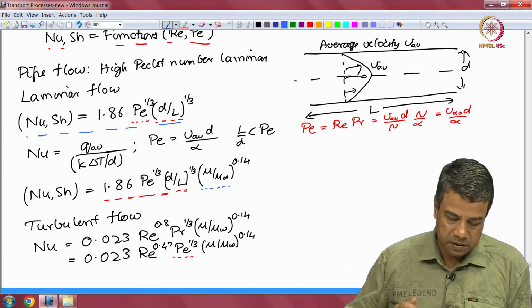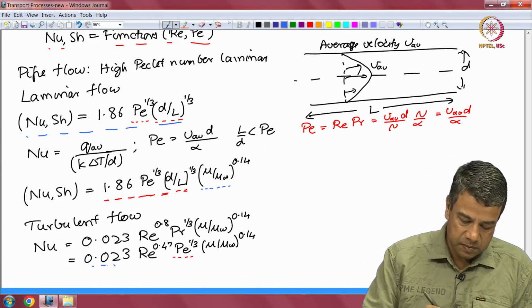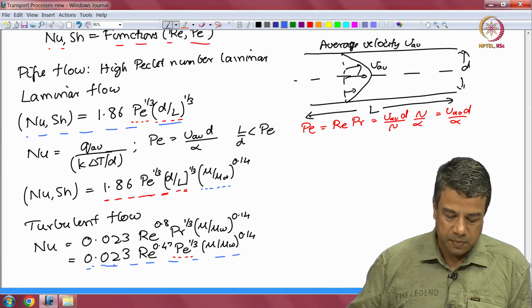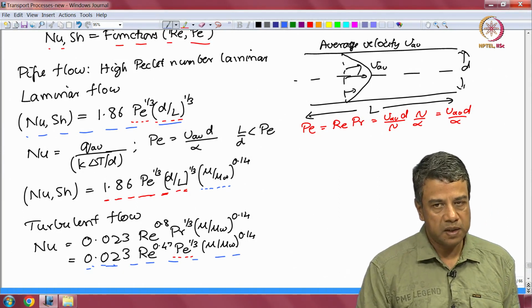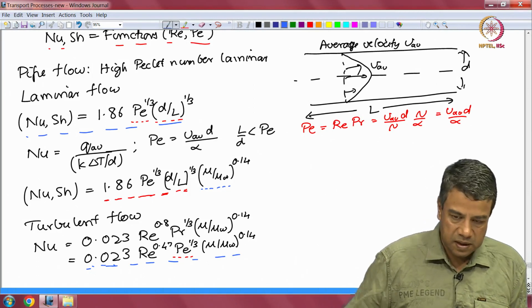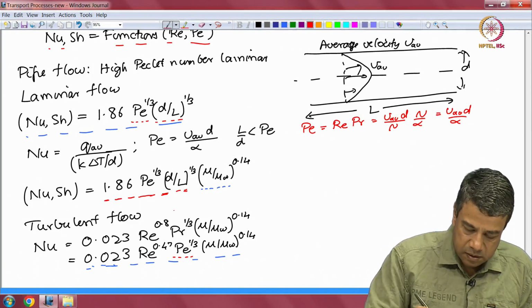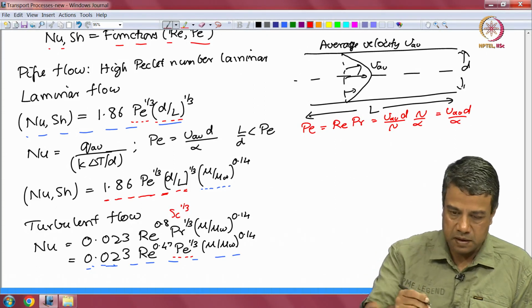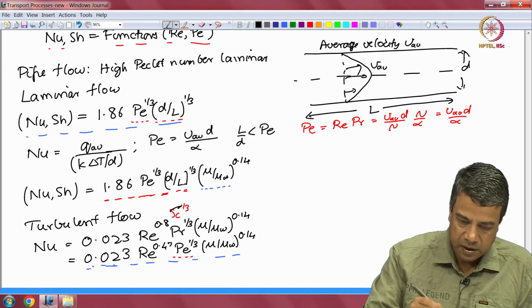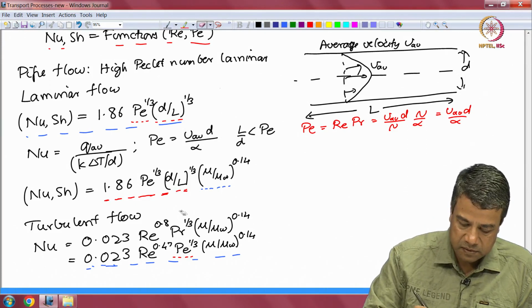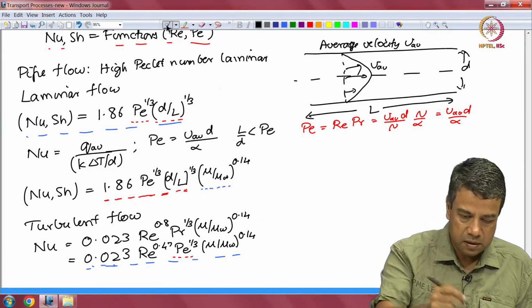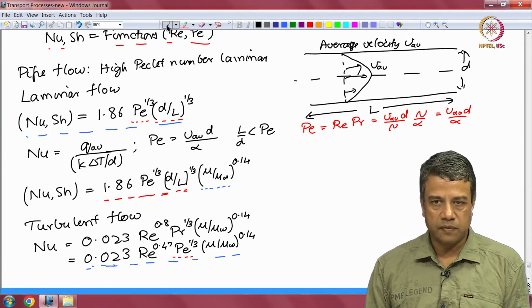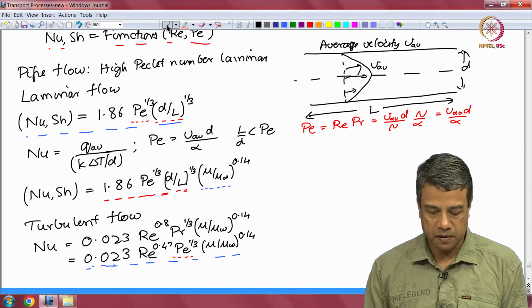At high Reynolds number, the Nusselt number or the Sherwood number depends on Re to the power 0.8 times Pr or Sc to the power 1/3. Prandtl number, I am sorry, this is for the Nusselt number. You would get the correlation for mass transfer by substituting the Sherwood number for the Nusselt number and the Schmidt number for the Prandtl number.